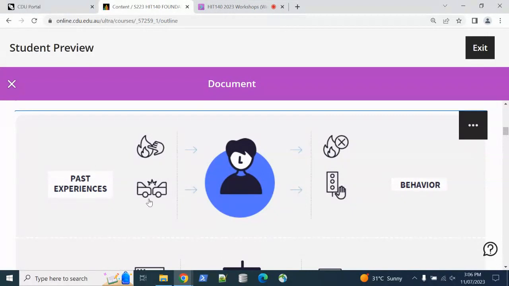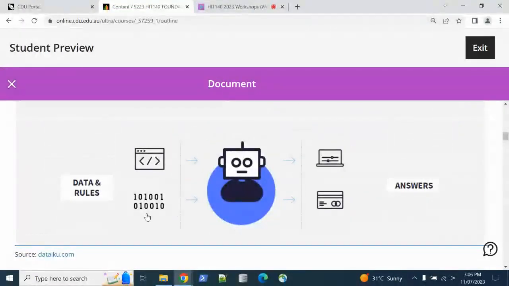Or if you've been involved in a car accident, then you know next time you need to observe the traffic rules. Likewise, in data science, primarily we are teaching a computer to learn from previous data and then make some sort of prediction on new sets of data. So this is more relevant when it comes to the predictive task.